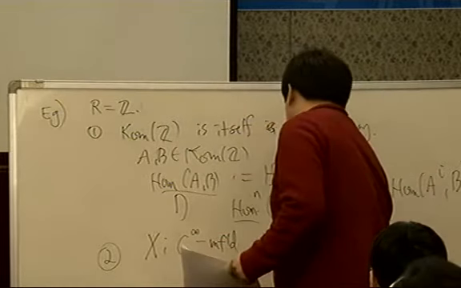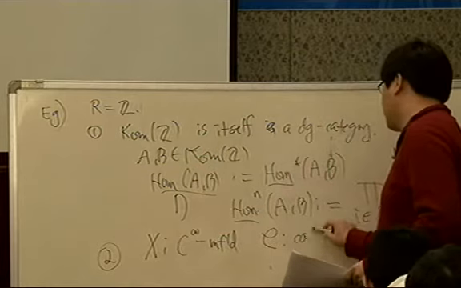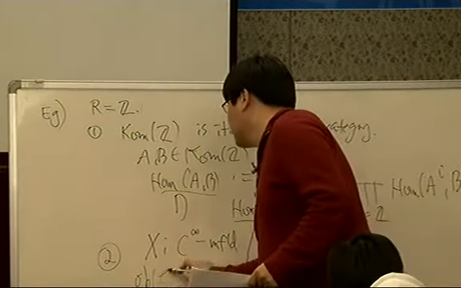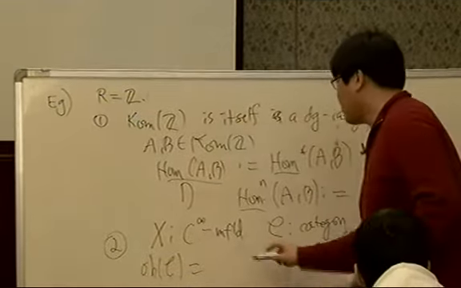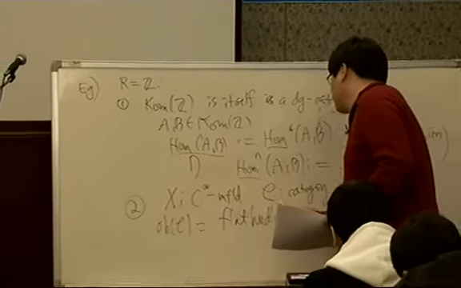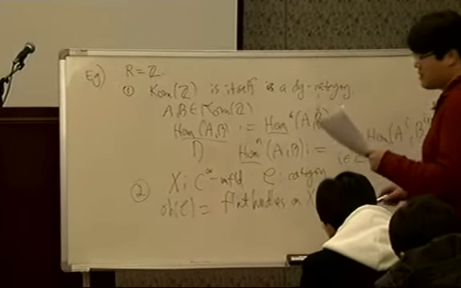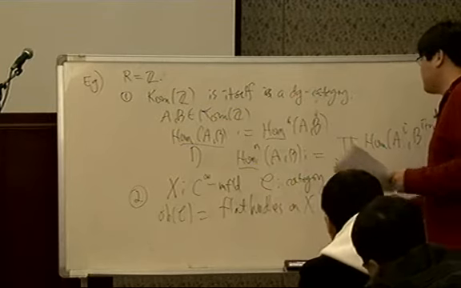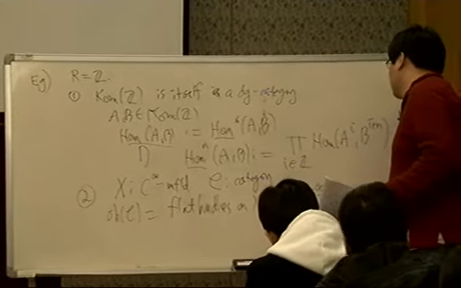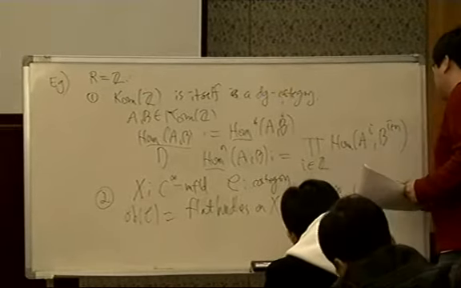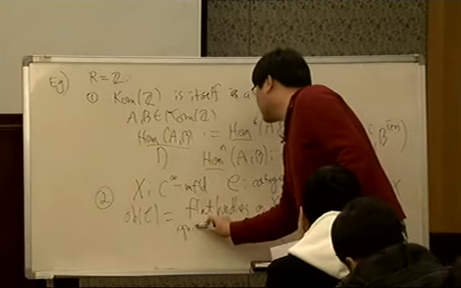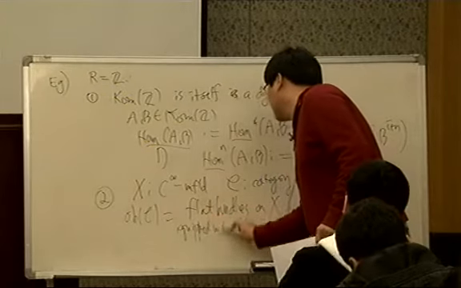So C is a category where objects of C are going to be flat bundles on X. So X is fixed. And what is a flat bundle? It is a C infinity vector bundle, say V, on X, equipped with a connection.